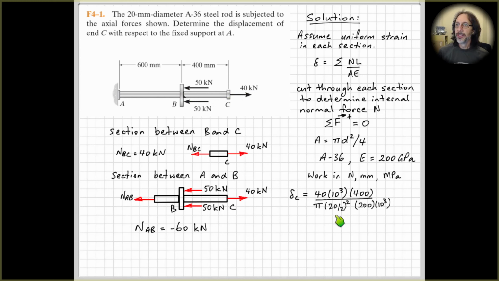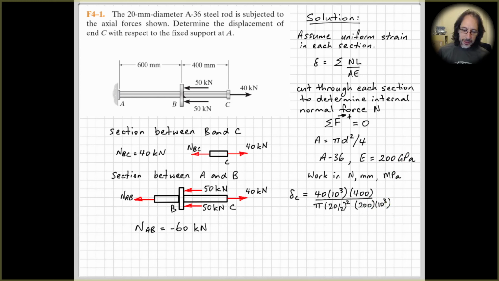So that's what we've got here: 40 kilonewtons, so 40 by 10 to the 3, times the length of section BC, which is 400, divided by the cross-sectional area and divided by the Young's modulus, or modulus of elasticity, in megapascals. Here it's given in gigapascals. Giga is 10 to the 9, mega is 10 to the 6, so to convert this into megapascals, we just have 200 by 10 to the 3.